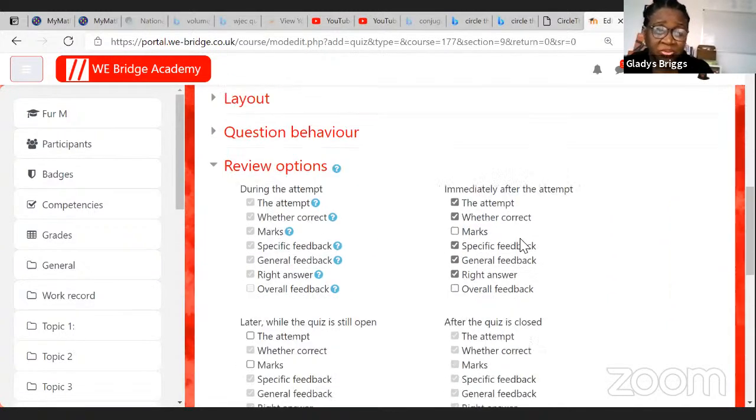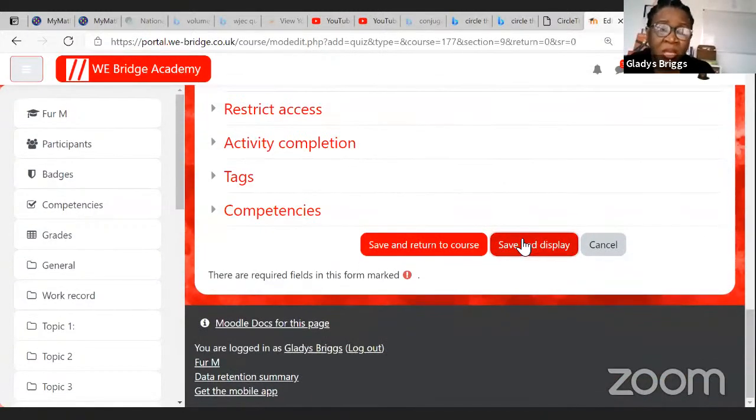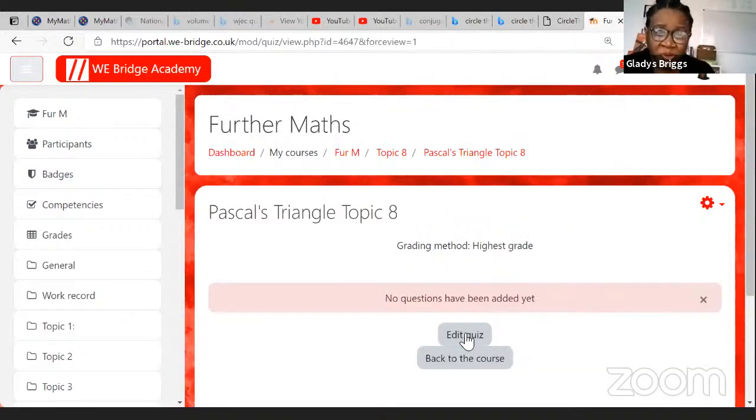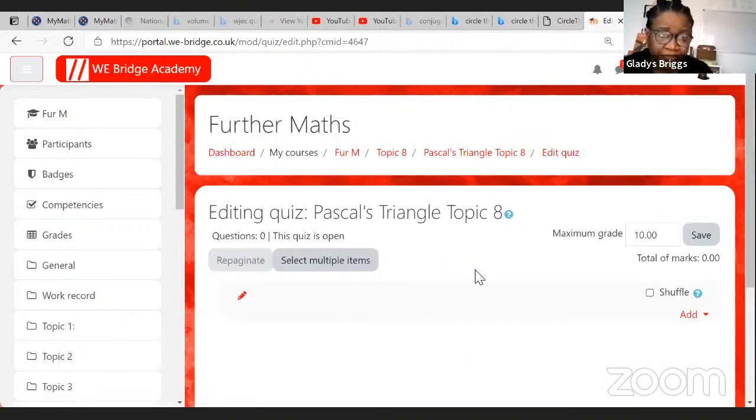Now that's so confusing because it's not letting me do anything. Okay, so let me just put some questions in there for you. Who is texting me? I can't even see my messages. Yeah, that's fine. No problem. I'm not going to close it.